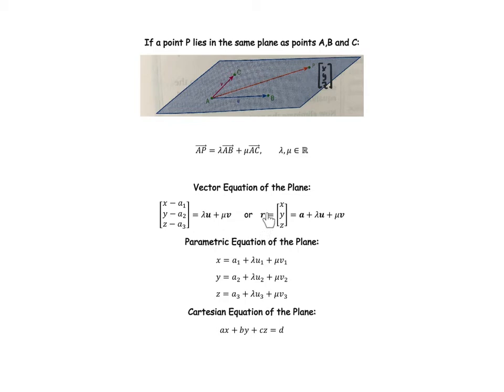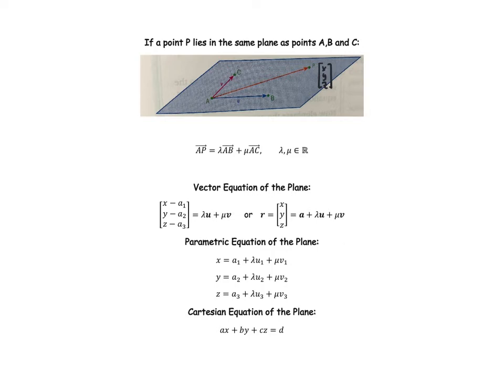Many times planes can also be referred to as this variable r, which is equivalent to calling it xyz, which would be the points of A plus lambda times the direction vector u, plus mu times the direction vector v. So how do we put this into parametric form?